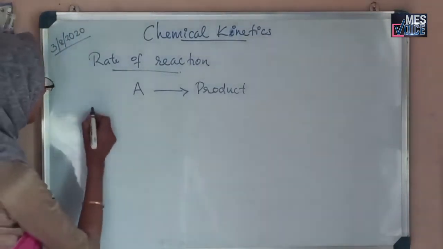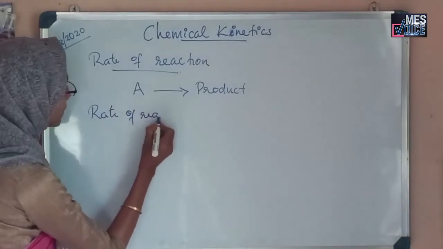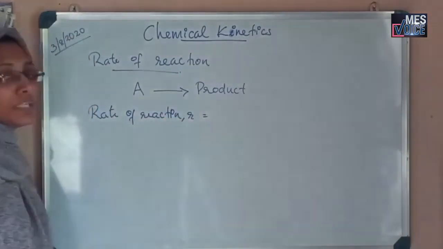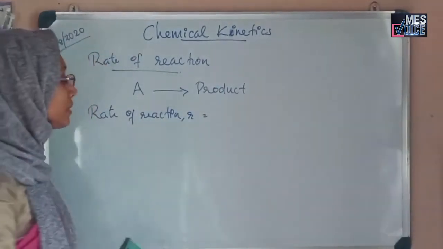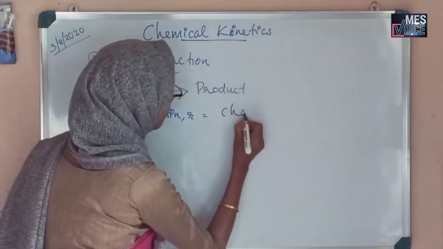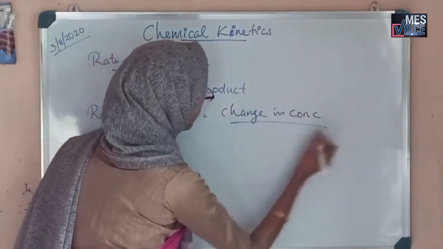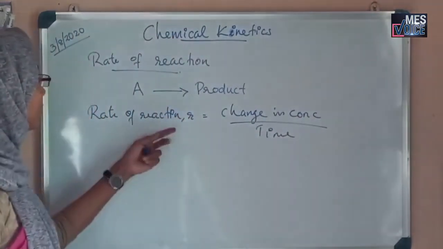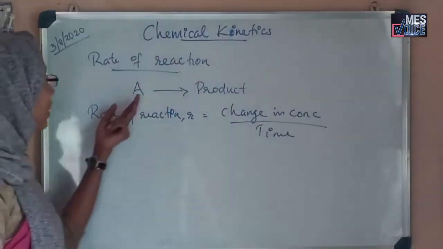That is, the rate of reaction means the change in concentration per unit time. The rate of the reaction is given by change in concentration divided by time.